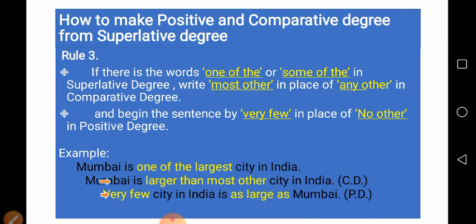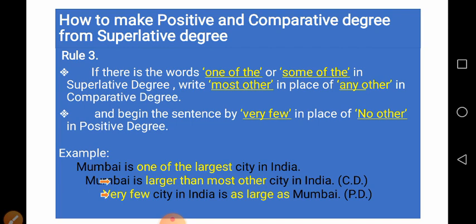We have learnt in rule number 2 that if one is compared with more than one, we use all 3 degrees, and while making the comparative, we use any other, and in the positive, we use no other. But see what rule number 3 is. It is an exception in the superlative degree.